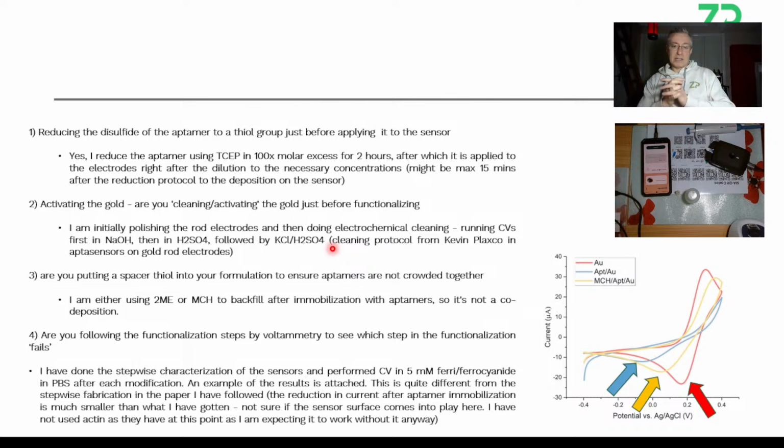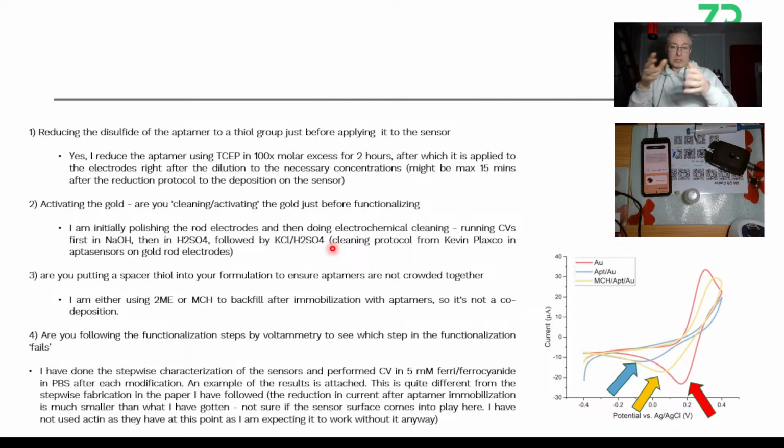And I don't mind that their voltammetry, when they had the aptamer, the surface was very blocked, and when they added the spacer molecule, the surface became less blocked. I think that's okay, because replacing the aptamer with MCH or spreading the aptamers out a little bit will move the voltammetry slightly from an aptamer-only blocked sensor to a more, I don't want to say pristine, gold electrode.